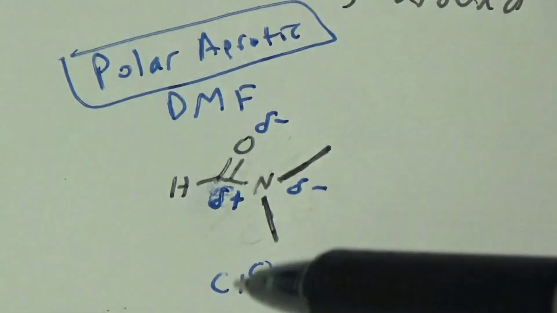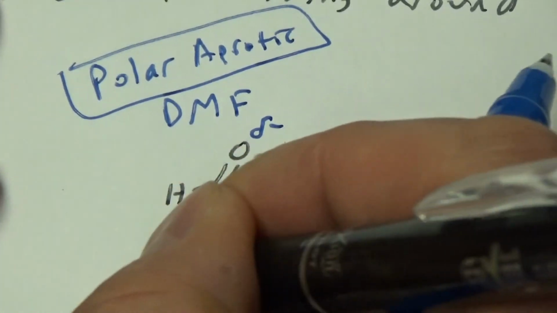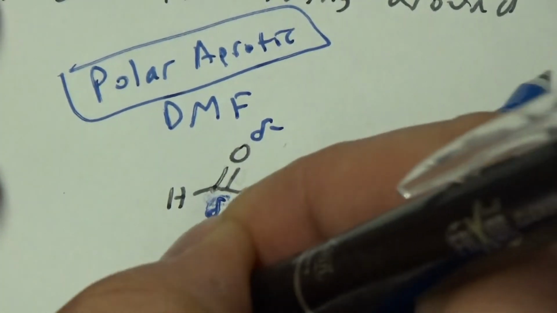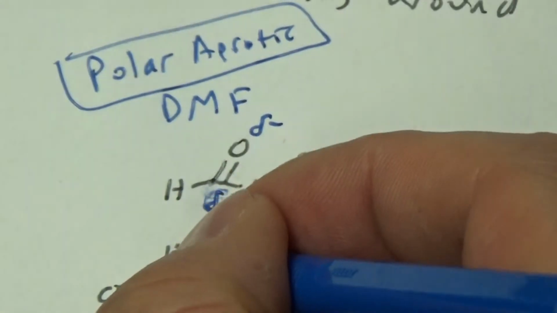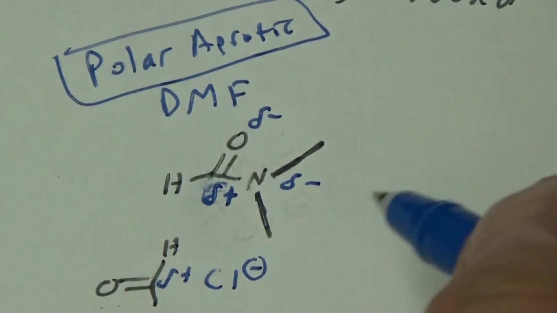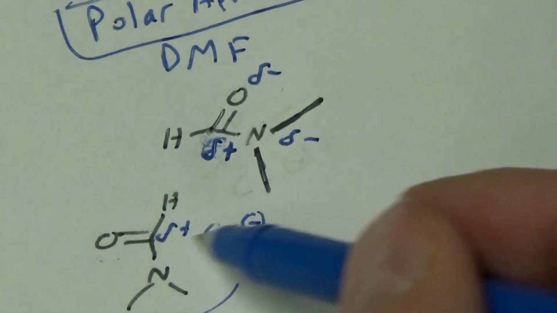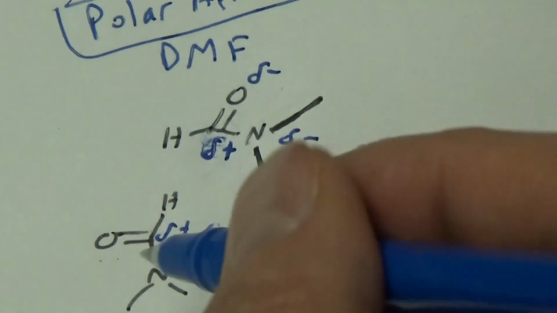All right, so let's draw Cl minus hanging out. And there are these very minuscule interactions with the delta positive carbon. The chloride is delta negative, maybe the carbons are delta positive, but that's a minor interaction.